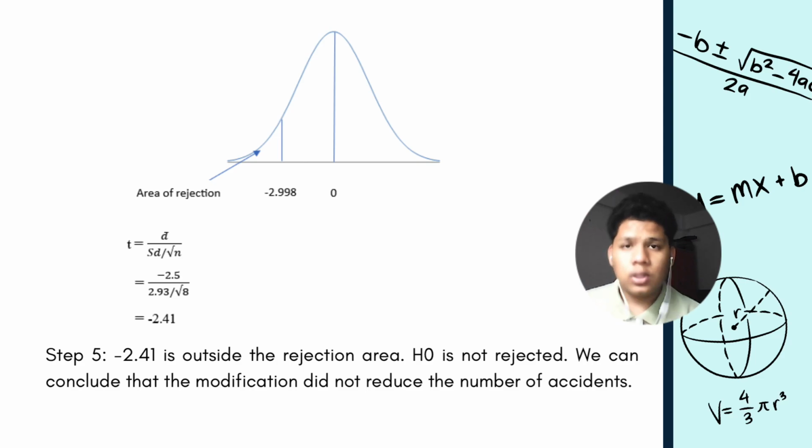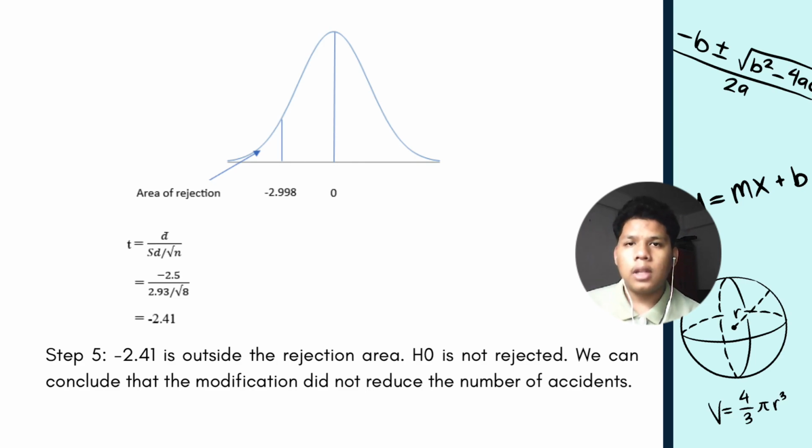And the total sample is 8. And we will key in all the information in the formula. We will get minus 2.5 divided by 2.93 per square root of 8. After that, calculate it, and the answer will be minus 2.41.